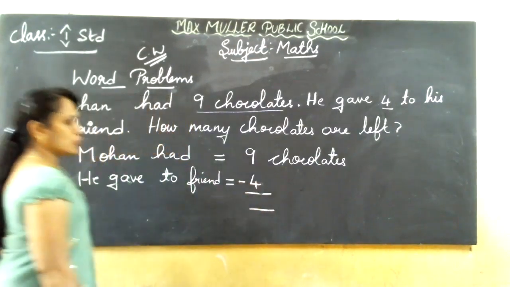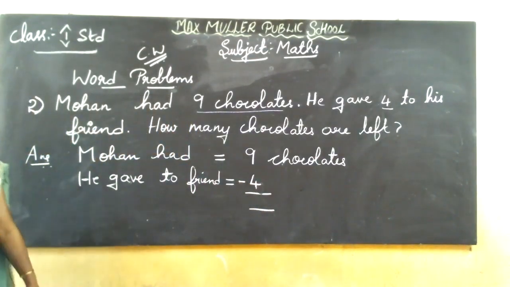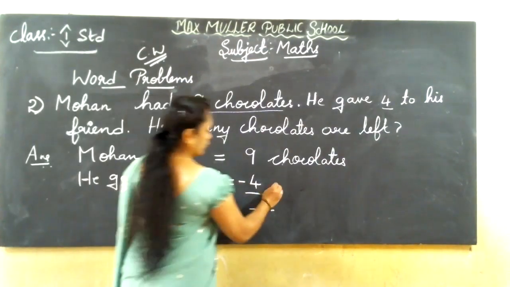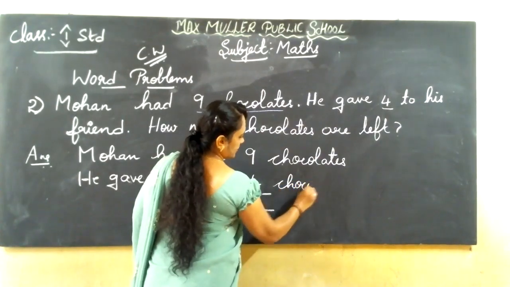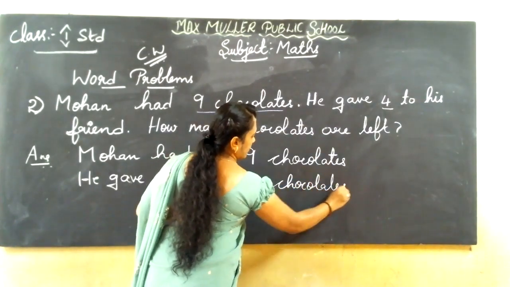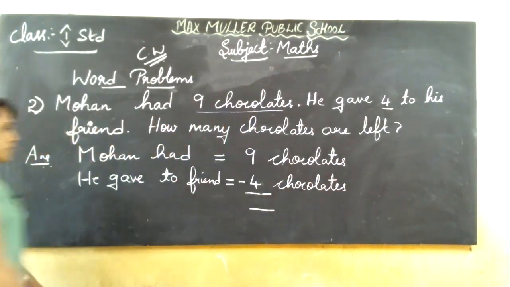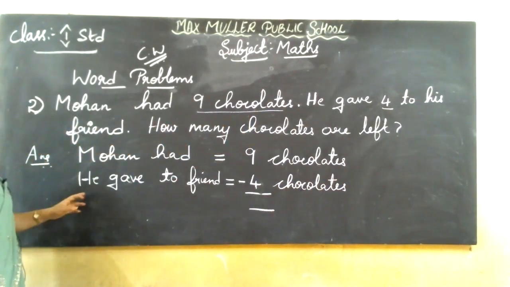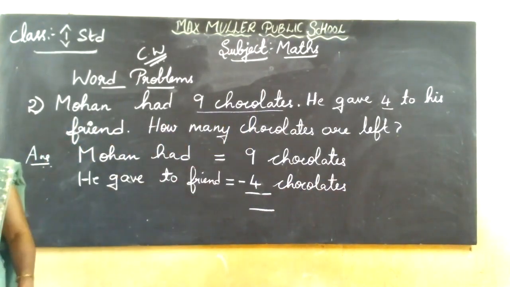Below 9 only, 4 should be written. Mohan had 9 chocolates and he gave 4 chocolates to his friend.